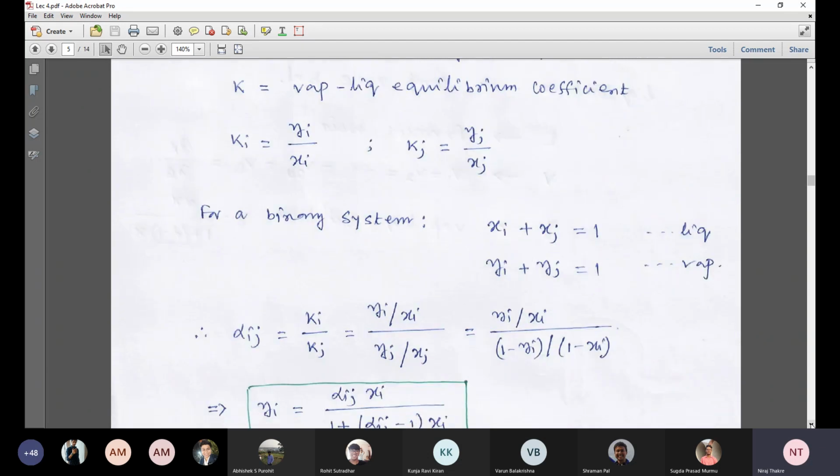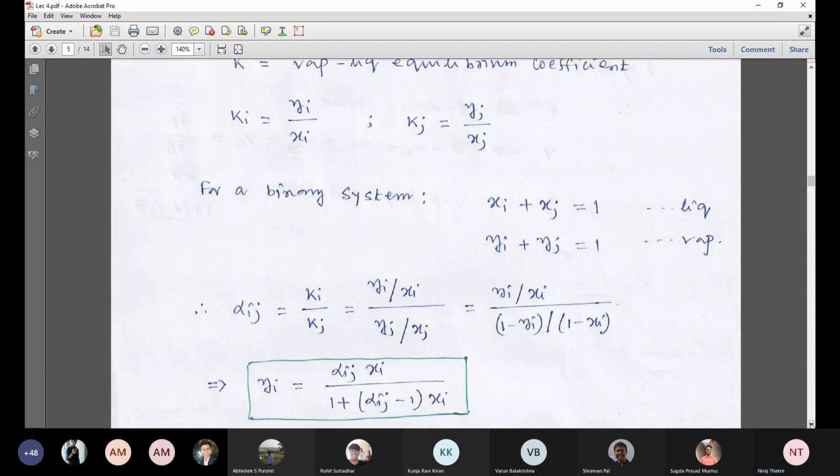Now if you rearrange this equation, we get the expression for Yi. Is this expression correct? Can anyone confirm?